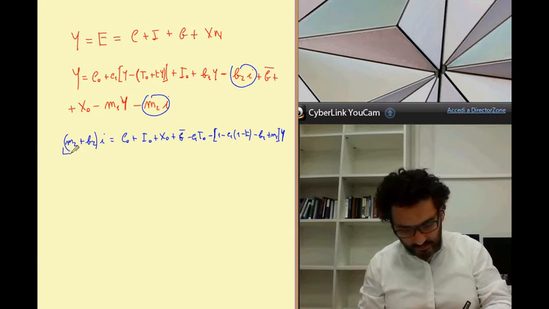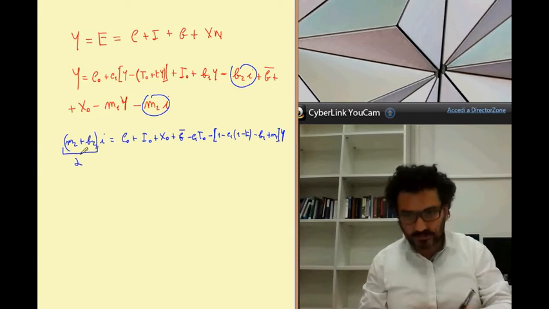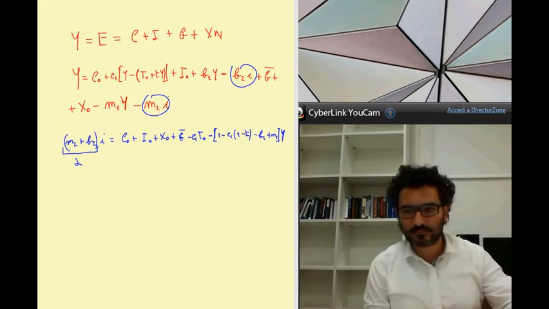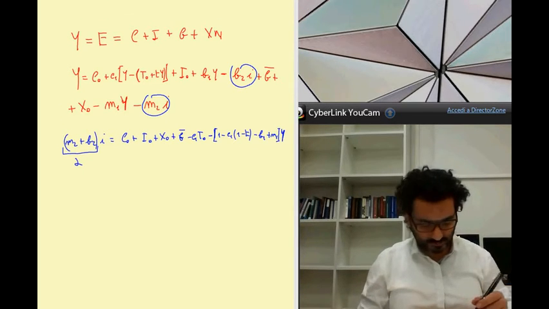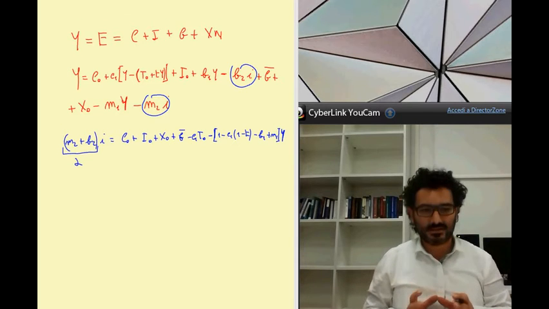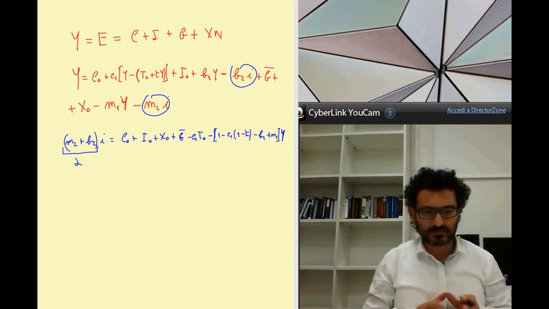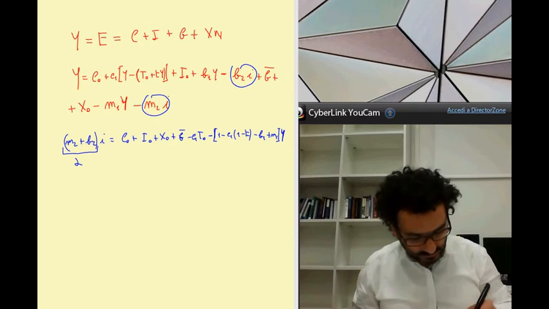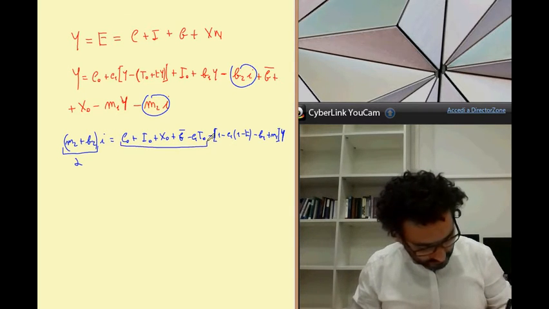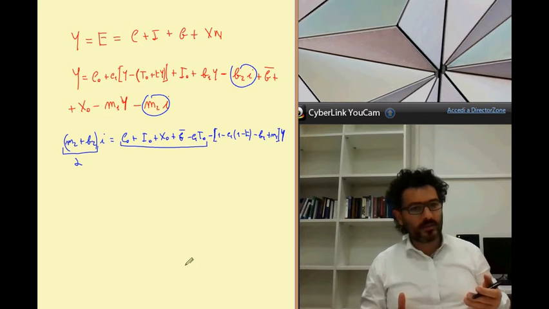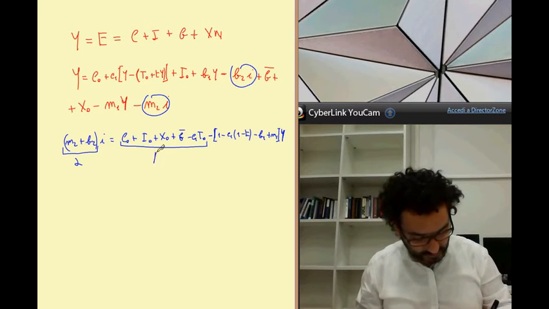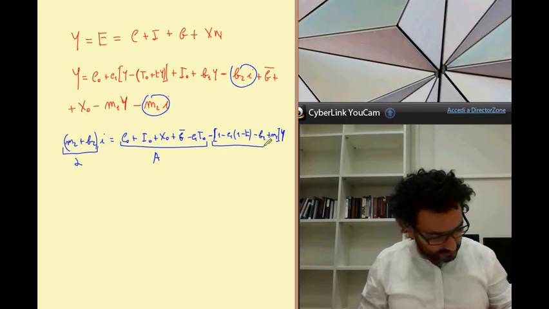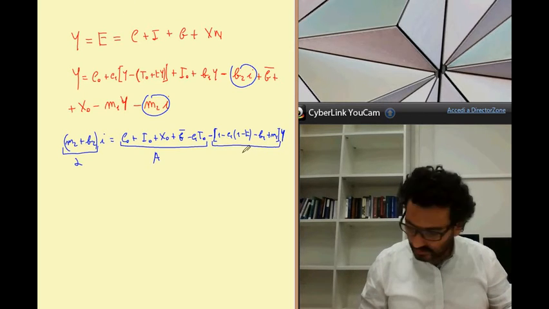We can call this alpha. So alpha is the sensitivity of the total expenditure to the interest rate, which is given by the sum of the sensitivity of imports and investments. This is the autonomous part of the total expenditure, we will call it A, and this coefficient, which is the denominator of the multiplier, we will call it B.